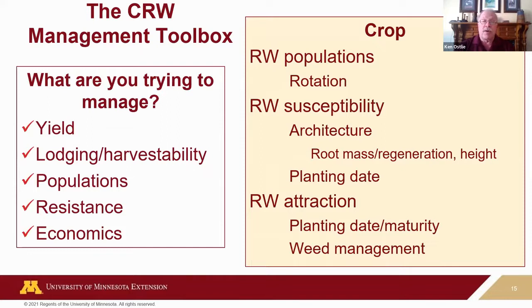So for all of us, we may think that all of the items on the left are what we'd like to have all together, but different management options provide different solutions. In this case, for example, we were talking about soil insecticides. They aren't going to give us a good kill, so they're not good at managing resistance. They are good at reducing lodging and maintaining harvestability.